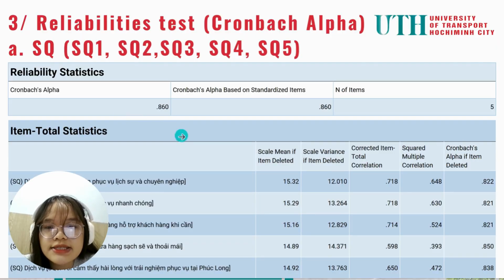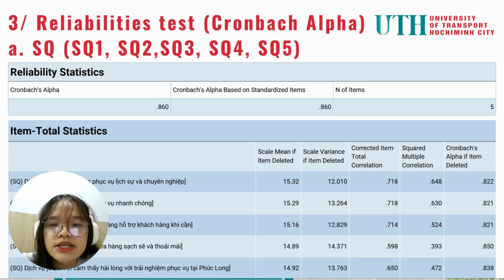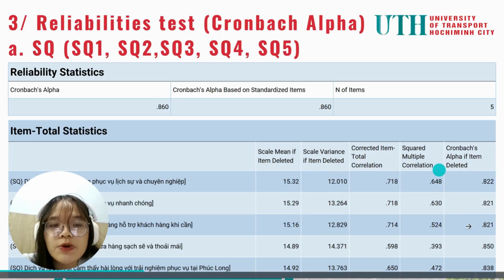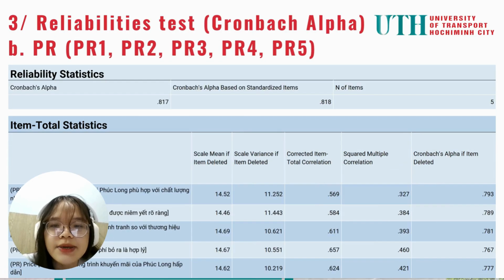The corrected item-total correlations range from 0.598 to 0.718, and since all of the values were higher than the minimum requirement of 0.3, all 5 of the SQ items met the reliability criteria, so they were all retained.